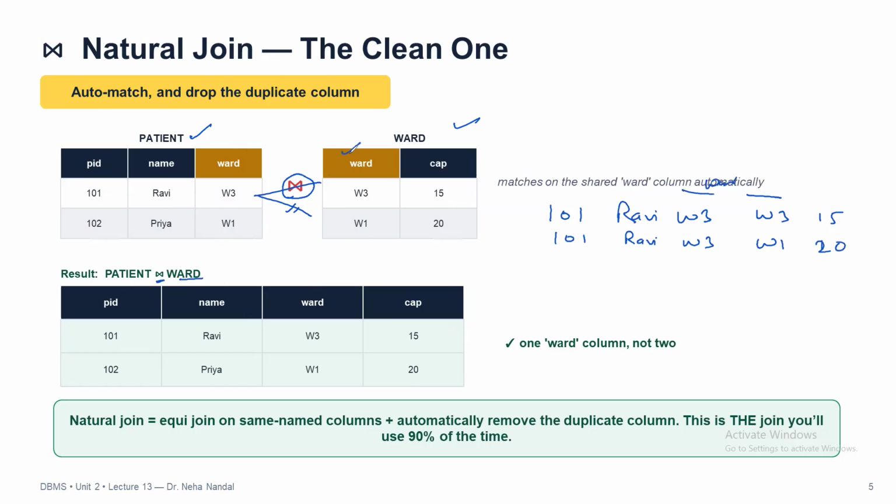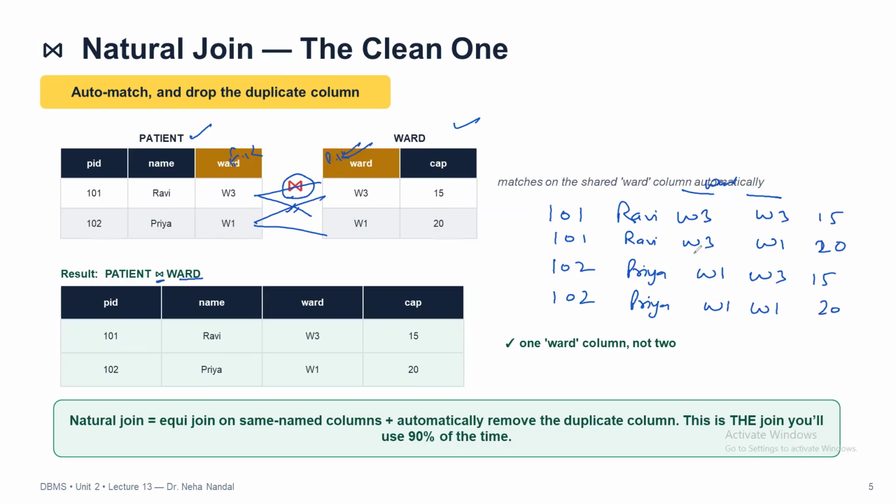Here ward number is a primary key, and here ward number is a foreign key, as we were talking about. Then the third row will be 102, Priya, W1, W3, 15. Again 102, Priya, W1, W1, 20.